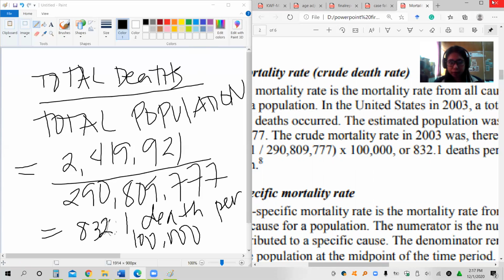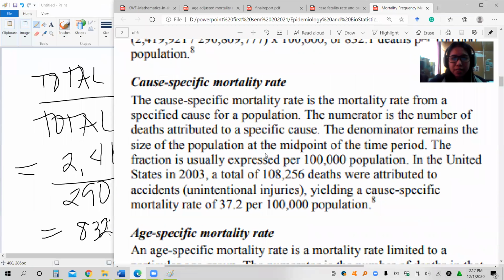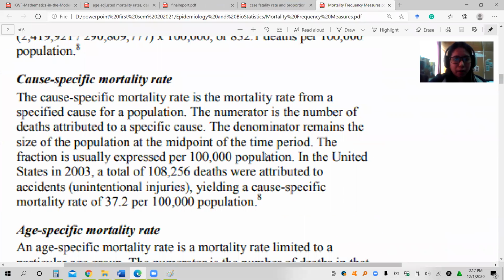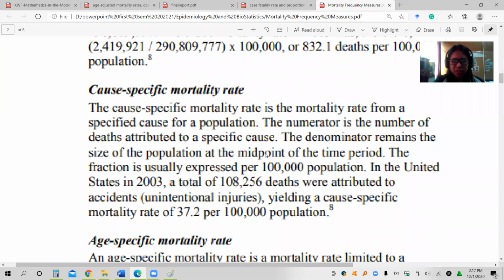So how about our next example here? We have an example for cause-specific mortality. On the same year, we have the same data from the United States, in 2003. So for cause-specific mortality rate, we have to know what is the cause.